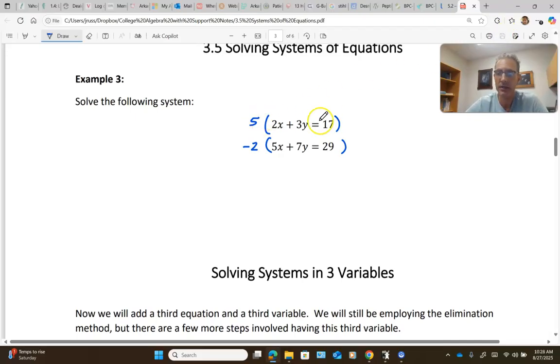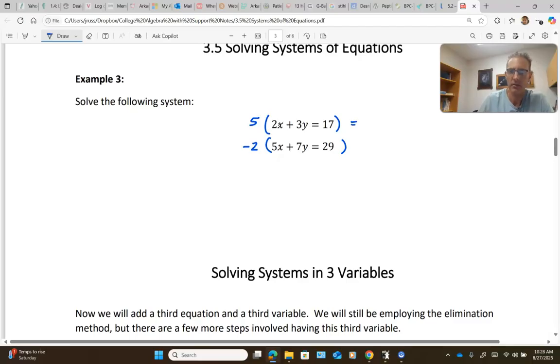Because when I'm finished here, I want one of the terms to be positive and one to be negative. They've got to have opposite signs or they're not going to eliminate. By doing this, we're going to end up getting a 10 and a negative 10. So by always using the opposite coefficient and maybe changing its sign if necessary, you're going to end up with coefficients of x that are opposites.